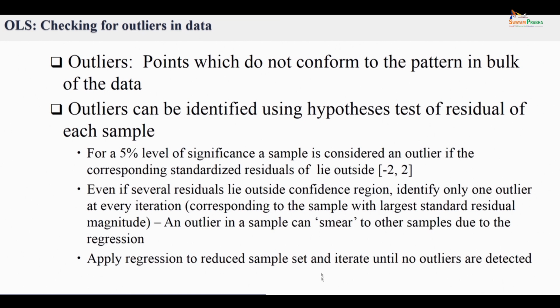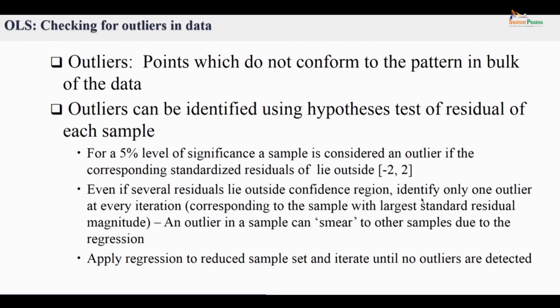The only thing when we do outlier detection is this: the first time we fit a regression and do an outlier detection, we may find several residuals lying outside the -2 to +2, 95% confidence interval, in which case we don't throw all the samples out at the same time.